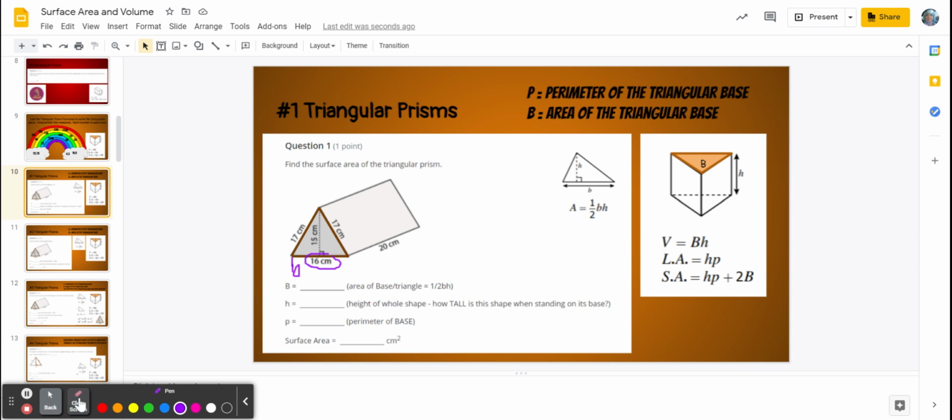Which one? Yeah, so in this one, what did I just do? So let me open it up so we can have a visual.